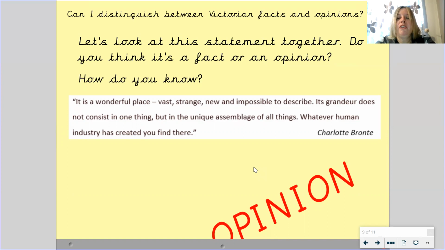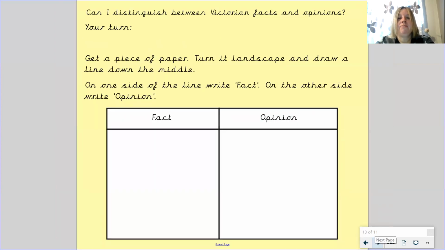She wrote novels, but she also kept a diary of what she did. So this is describing what she thought of the Great Exhibition when she visited. So it's what she thinks about the Great Exhibition. So this might be a different opinion to somebody else who had visited the Great Exhibition.